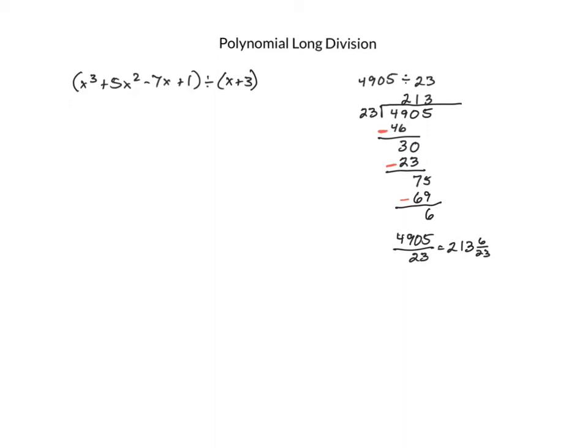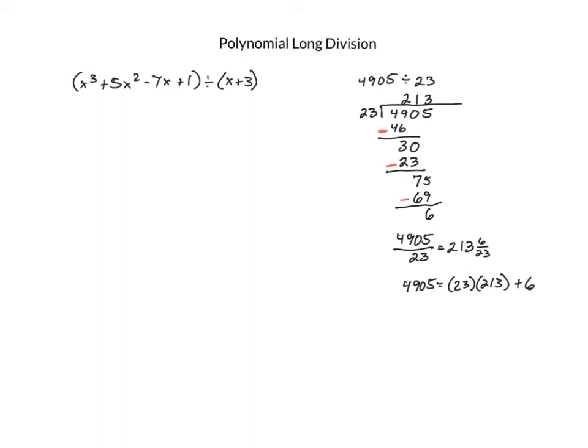Or we might write it this way. We know that 4,905 is equal to the divisor multiplied by the quotient, these two multiplied together with the remainder added in. So we could write it as 23 times 213 plus 6. And again, it just depends on what you need the result for.